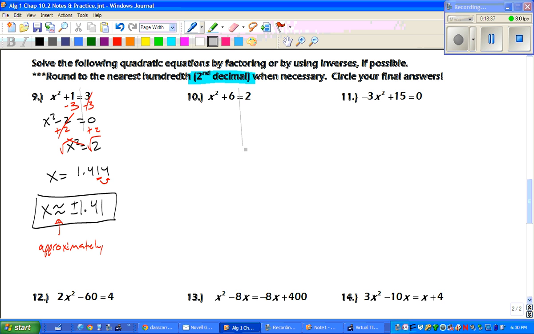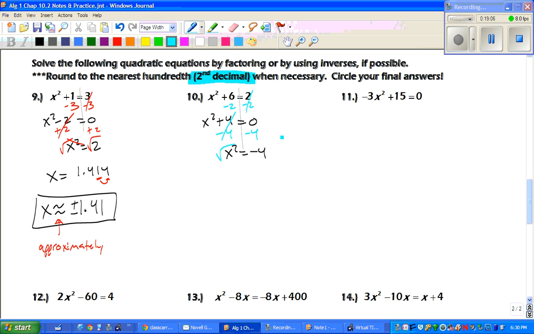All right, number 10. We're going to get everything on the same side. And we get x squared plus 4 equals 0. Can we take out a GCF? No, we can't. So it's not the difference of two squares, so I'm going to use inverse operations.